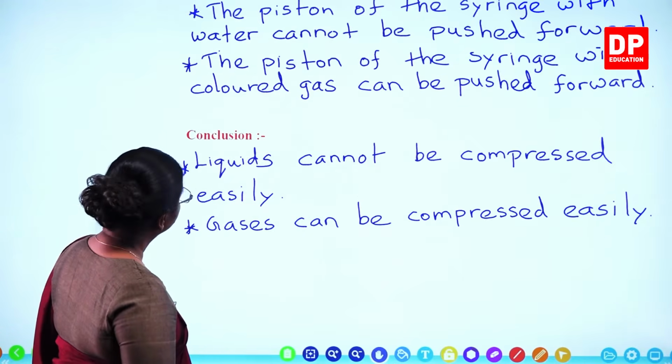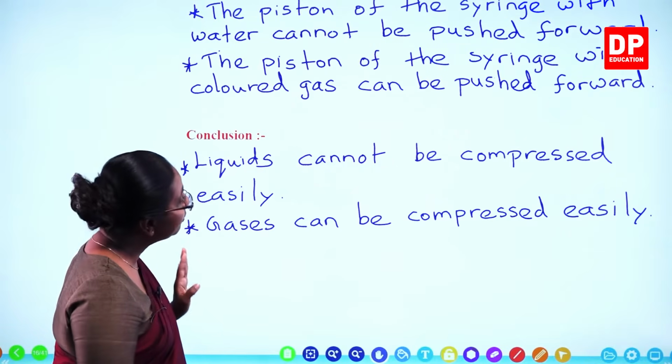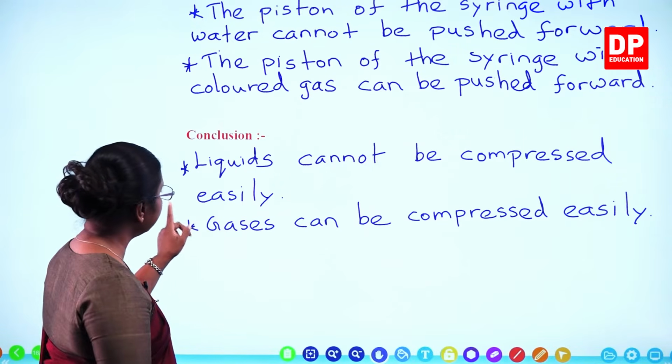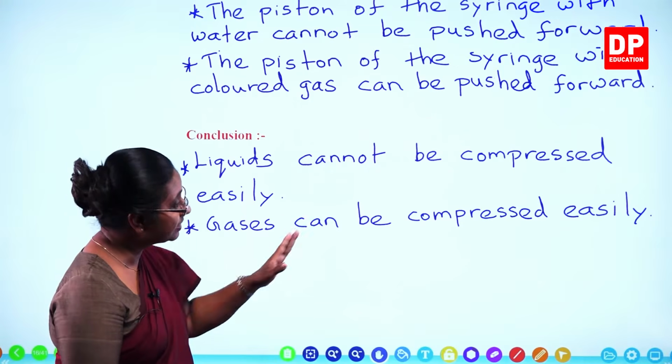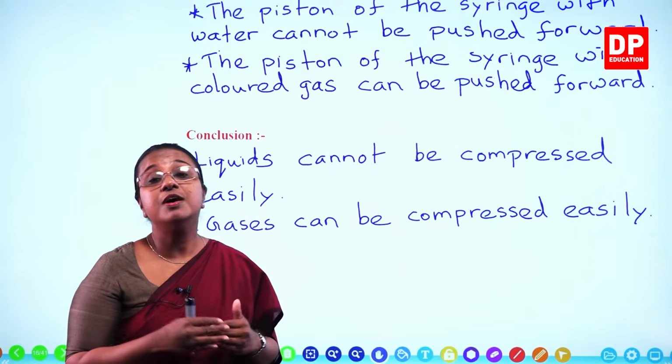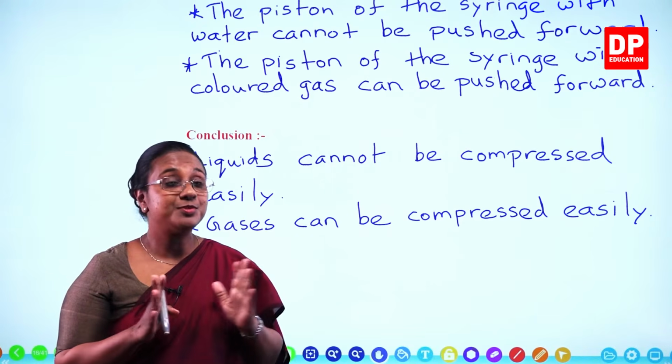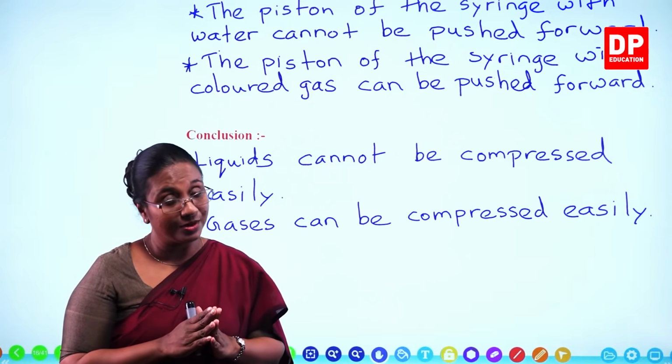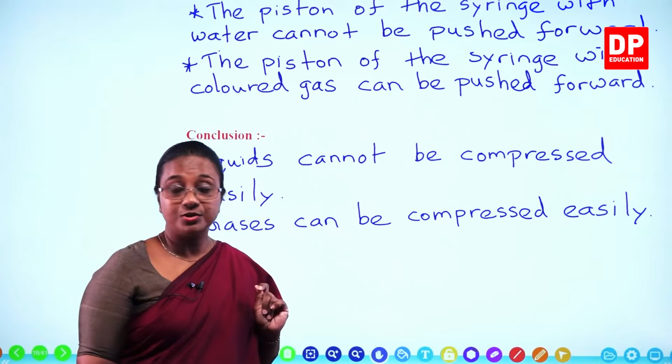So from that we can conclude and say liquids cannot be compressed easily, but gases can be compressed easily. So that is the compressibility of substances. I am sure you all can understand that now. With that students, I will move on to the next slide.